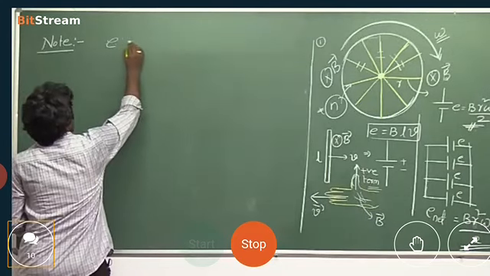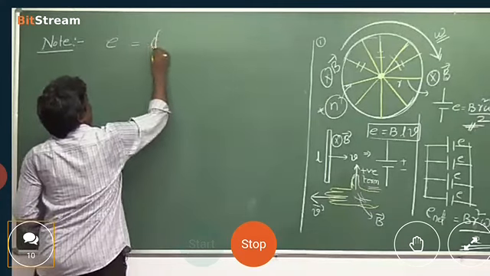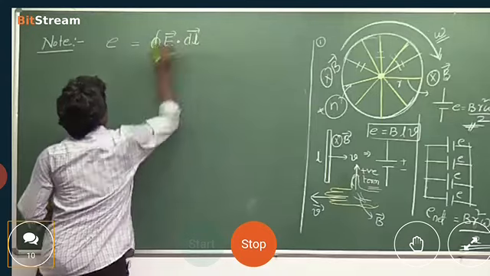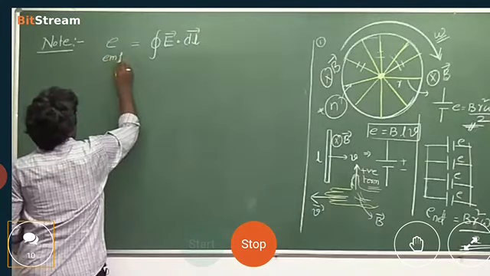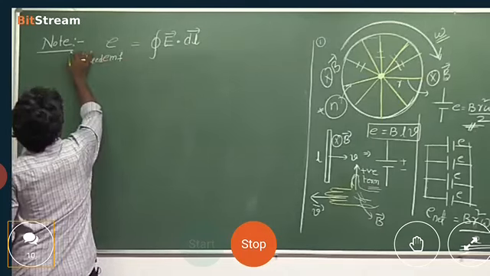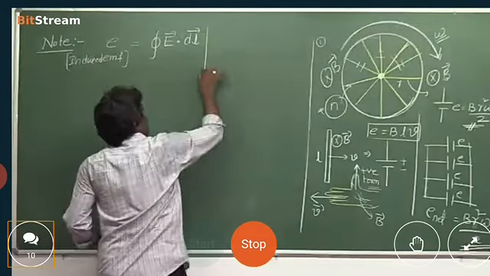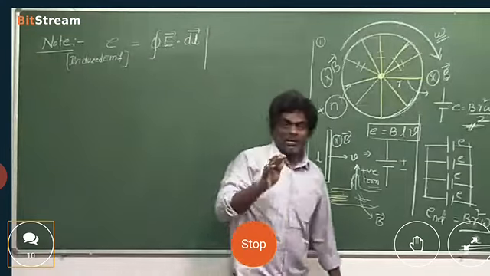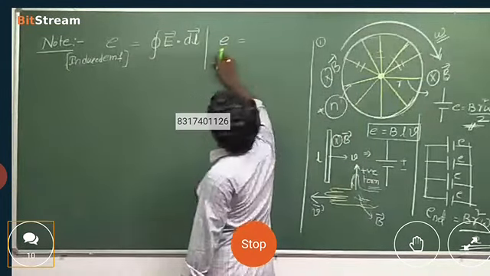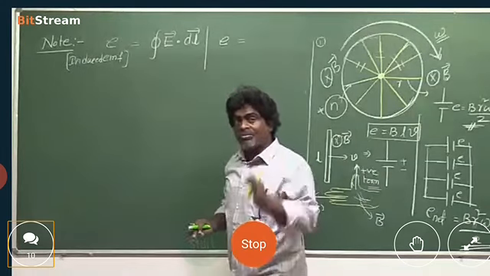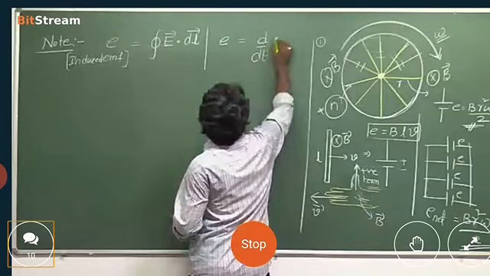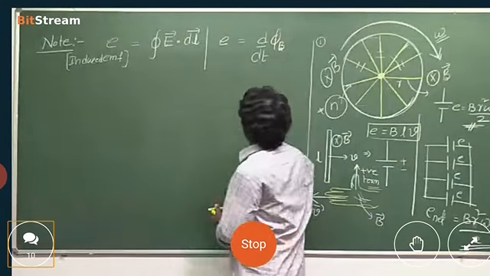Right. Now here we have induced EMF equal to the circular integral of E dot dl. Wait a minute. This is EMF or induced EMF. One more thing: in the last class, day before yesterday, we defined EMF or induced EMF as the rate of change of magnetic flux, d by dt of magnetic flux.